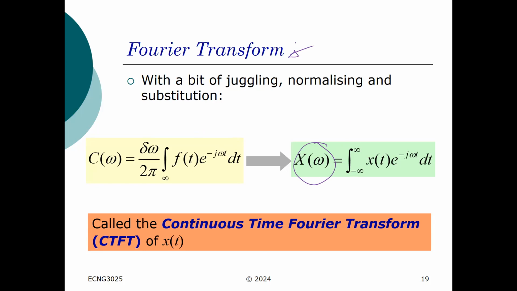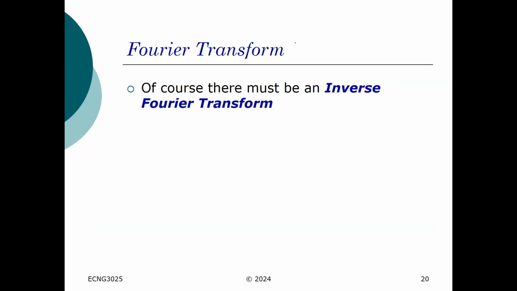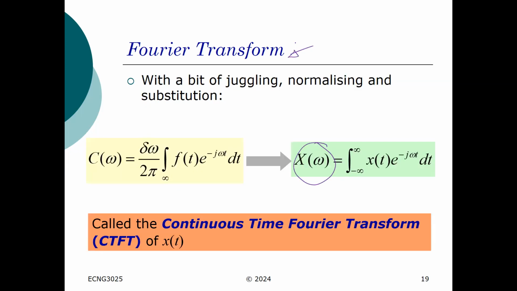So if I give you a signal and ask you to find the Fourier transform of it, first you have to understand that the signal is non-periodic, and you could now apply this equation. If you look at it here, this equation is almost identical in form to the Laplace equation, which is x(t) e to the minus s t dt, right? The Laplace equation integrates from a little bit before naught to infinity, so there are some slight differences.